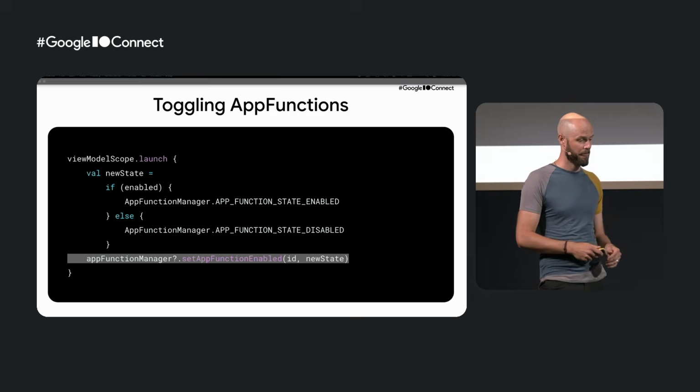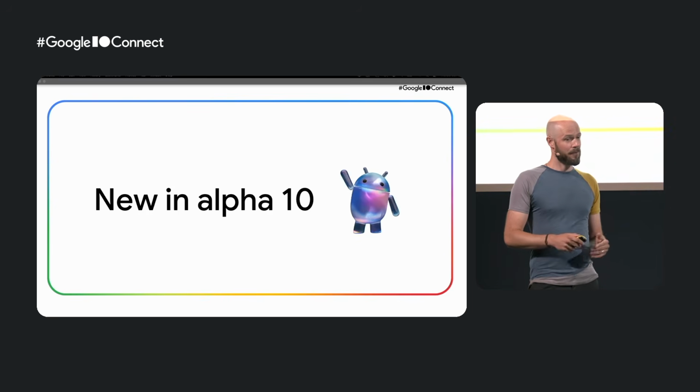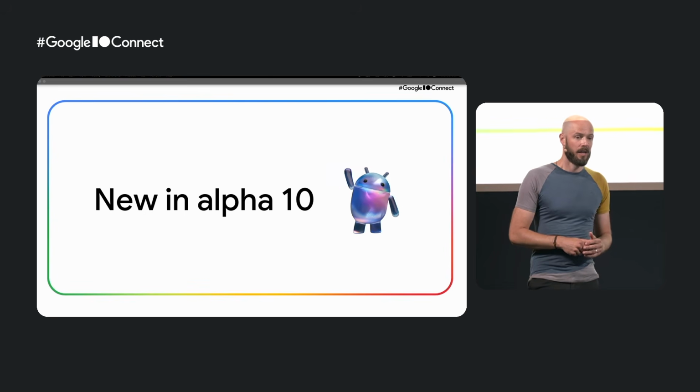If the user is subscribed to your app's service, or if they're a premium user for whatever reason, you can just enable them. So you can toggle app functions at compile time to be enabled or disabled and decide when you want to turn them on or off during runtime. We have a couple of changes with the new Alpha 10 that is incoming. It's not on our Maven repository just yet, but it should be there very soon.